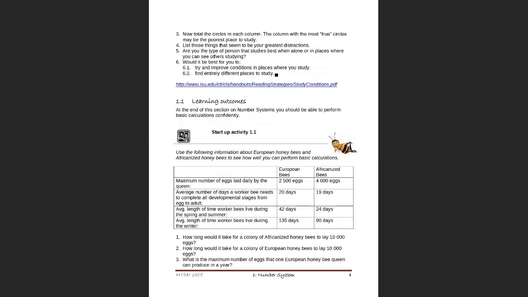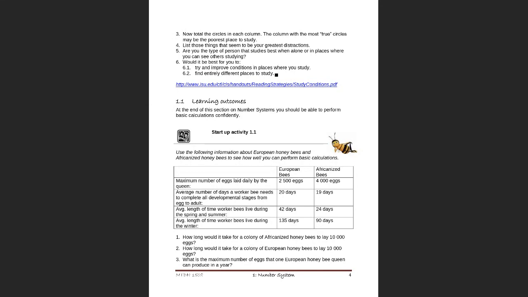Then let us look at the table. Now, if you can look at the table here, it says that the bee needs the average number of days a worker bee needs to complete all developmental stages from egg to adulthood.